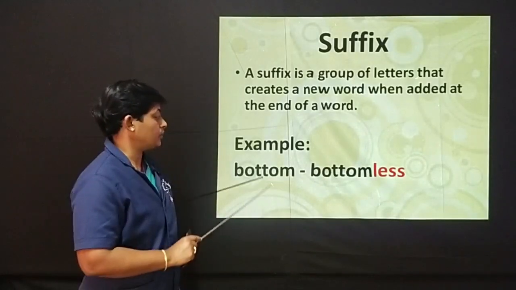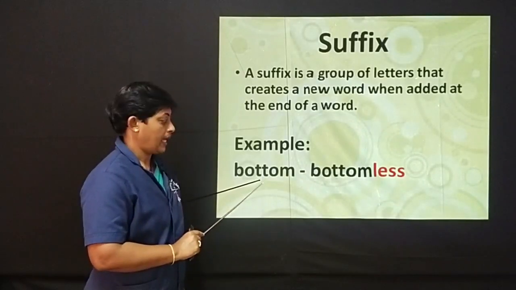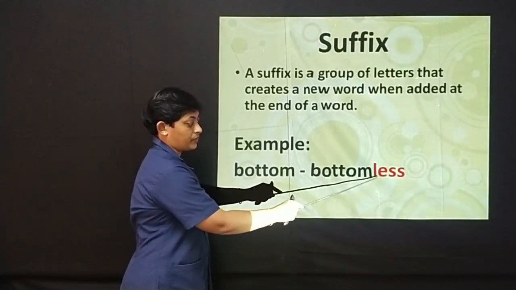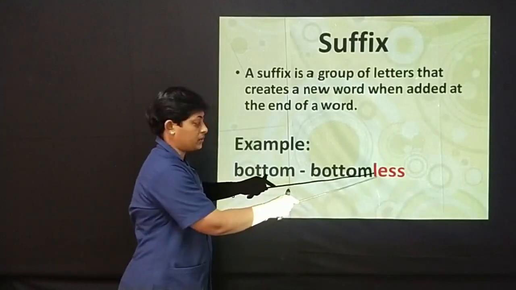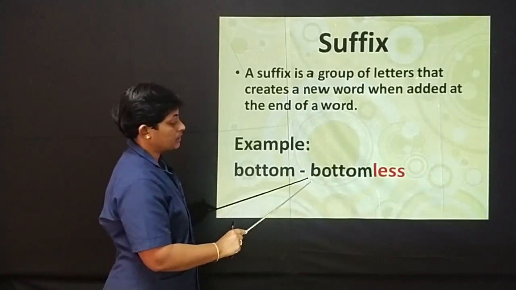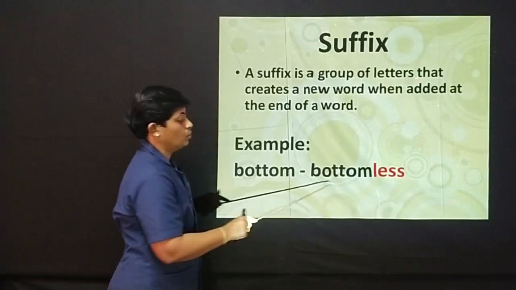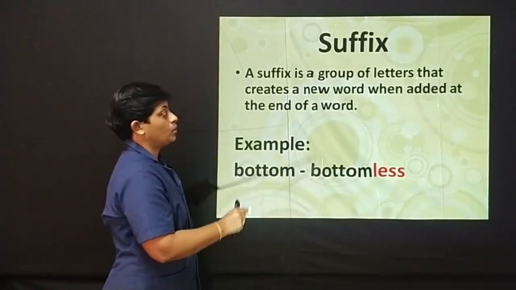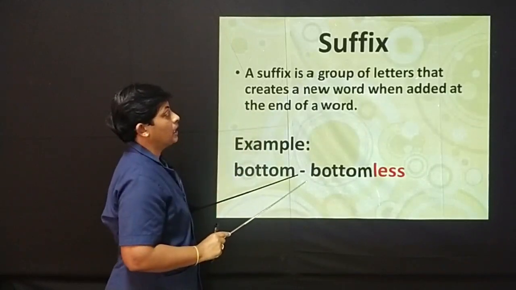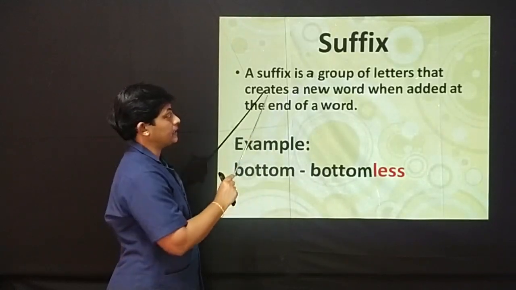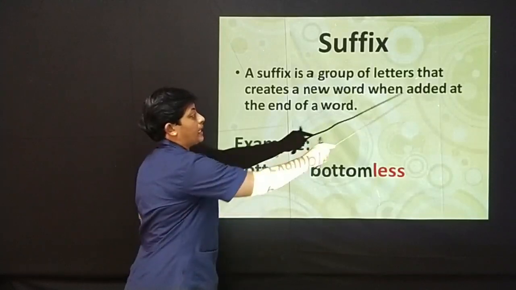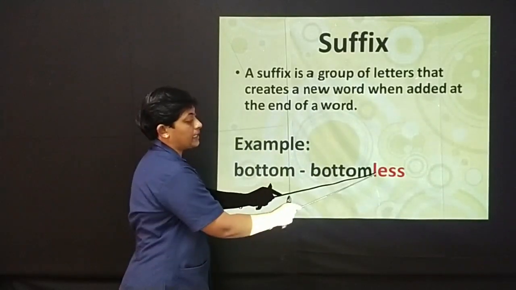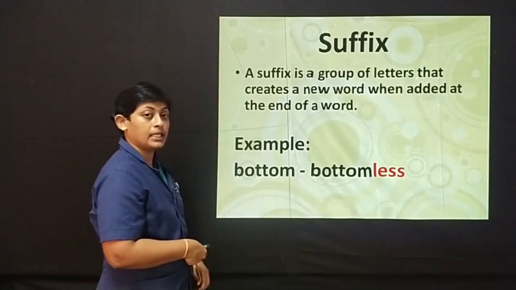Now, the word that we have with us is bottom, and when I add another word, less, which also has a meaning of its own, it becomes an altogether new word, bottomless. So, a suffix is a group of letters that creates a new word when added at the end of a word. So, bottom plus less becomes bottomless.